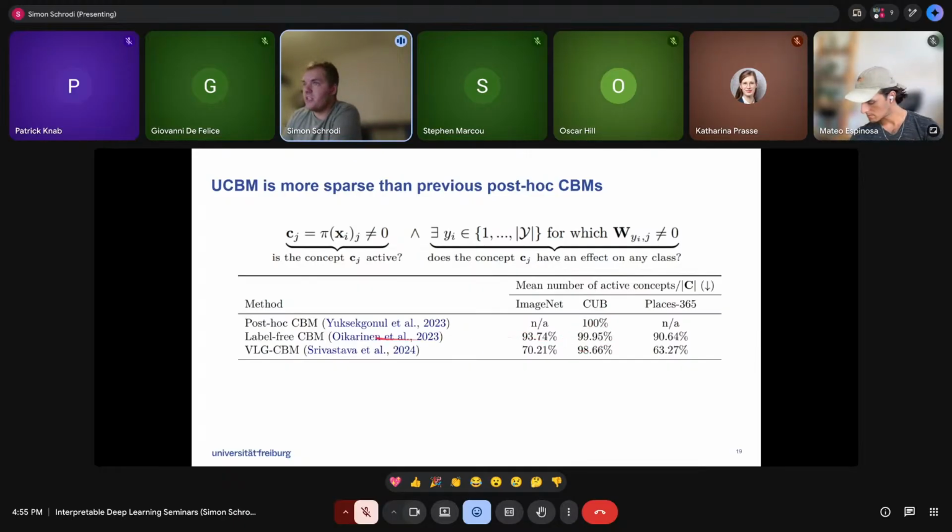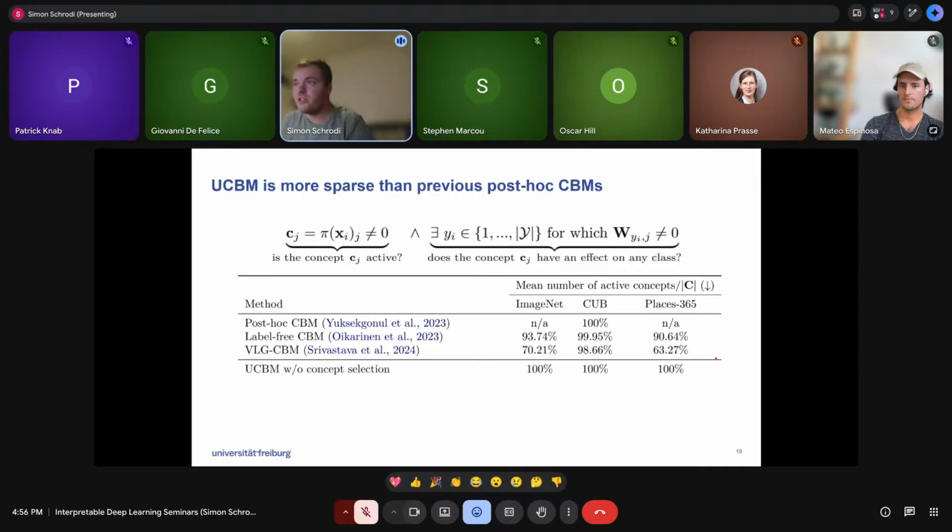As you can see, if you look into post-hoc CBM or label-free CBM, essentially for every prediction almost all the concepts to some extent influence the classification in some way or the other, which is not ideal. And VLG-CBM is a bit better in this regard, but still a lot of the concepts are influencing.